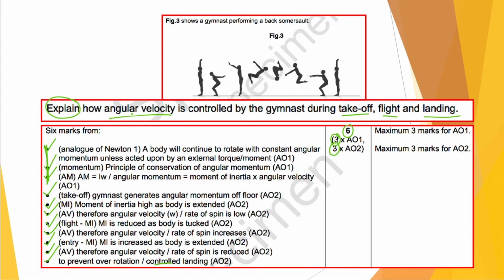Well, if I'm going to explain angular velocity, I need to mention moment of inertia and I need to mention angular momentum, and I'm going to need to talk about how angular momentum is a conserved quantity and the angular analogue of Newton's first law. Okay, so this was a really complex question that needed you to spot lots of different theory knowledge in order to score 6 out of 6.